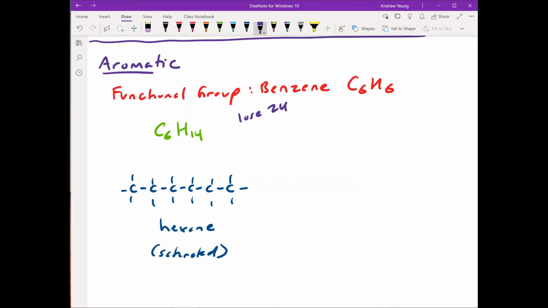Every time I form a ring, every time I form a cyclic compound, I would need to ditch 2 hydrogens so that I can connect those 2 carbon ends. So far we've only been doing things that have one ring, but we could potentially have multiple rings fused together. The other way we lose hydrogens is we form multiple bonds.